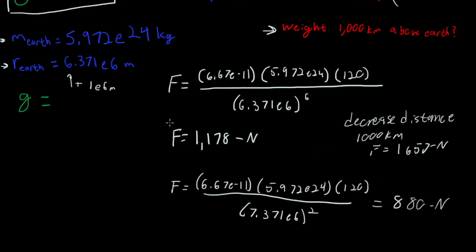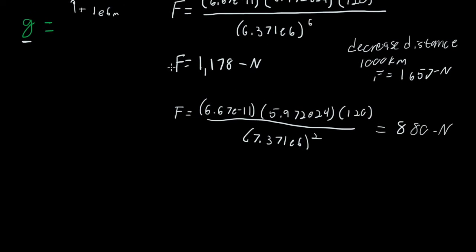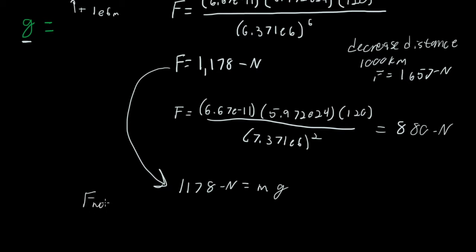So now, how do we calculate g? Well, let's go ahead and do that here. Let's say this guy's weight is 1,178 newtons. And then he's going to have a mass and an acceleration due to gravity. This is just like F net equals ma, or when we said the force of gravity, the weight, was equal to mg.